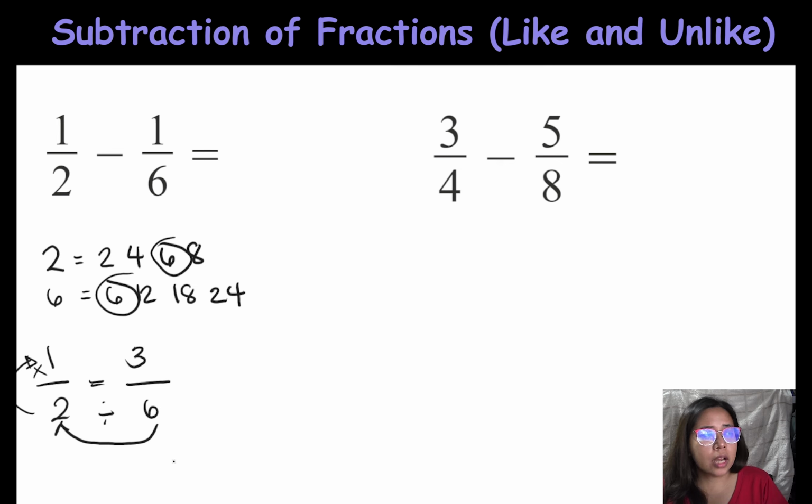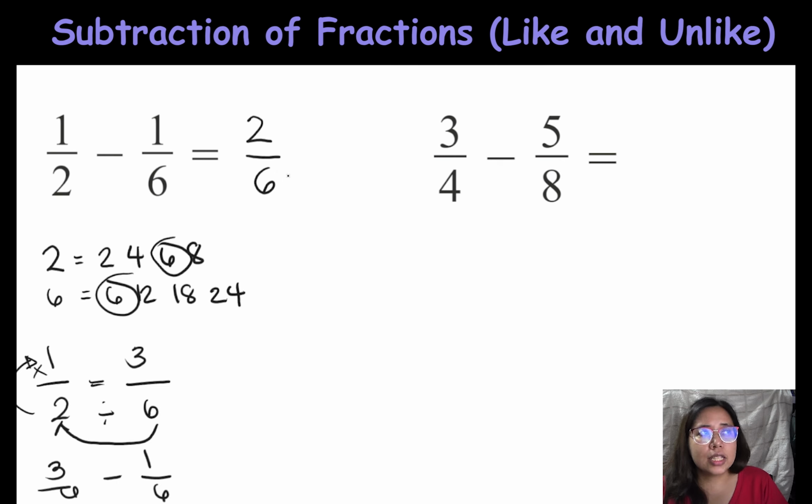So, ang atin na ngayong equation is 3 over 6 minus 1 over 6. Hindi na natin convert yung 1 over 6 kasi 6 na yung kanyang denominator. So, automatic na siya na like fractions. So, 3 minus 1 is 2. And then, kokopyahin na lang natin yung denominator, which is 6.